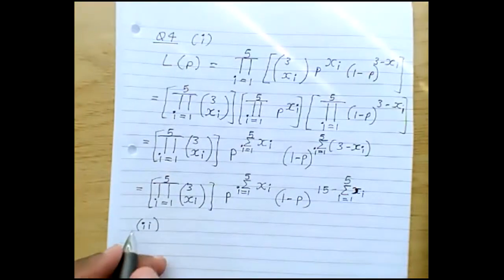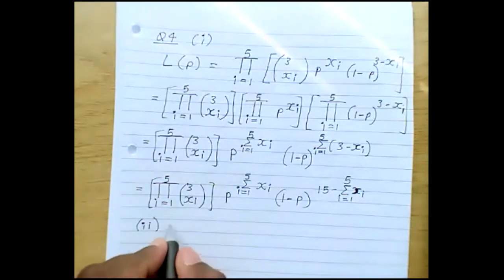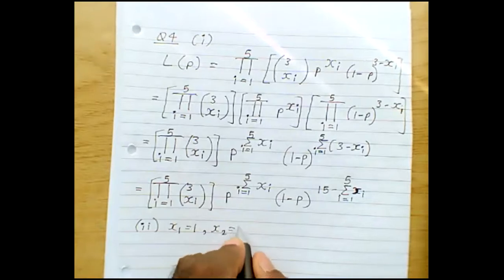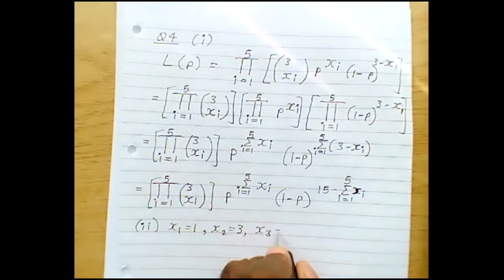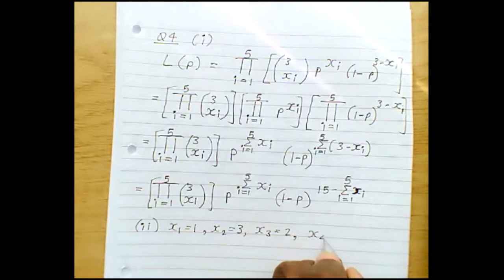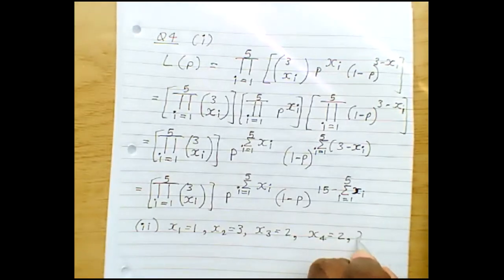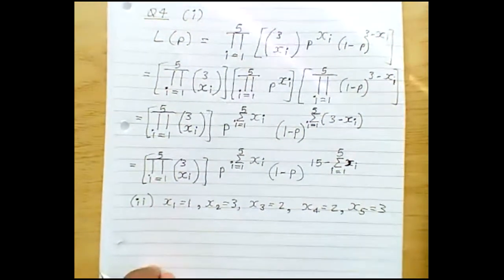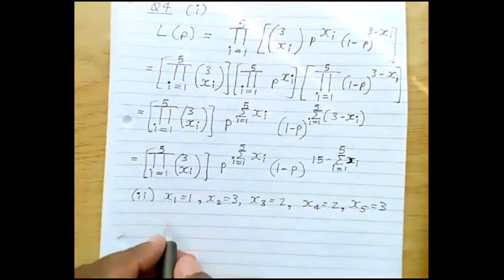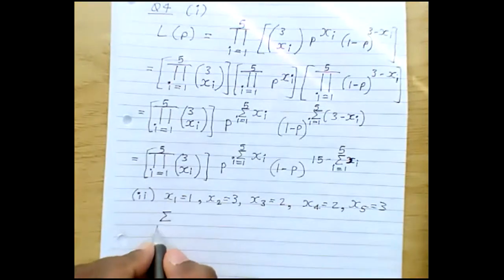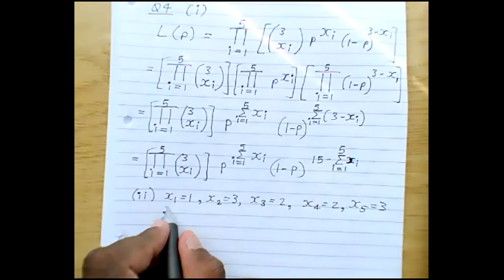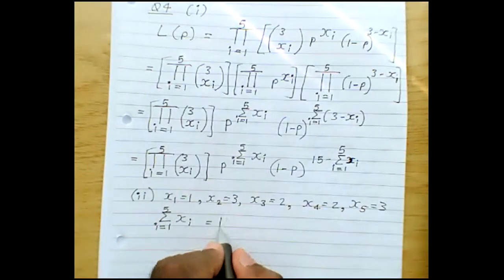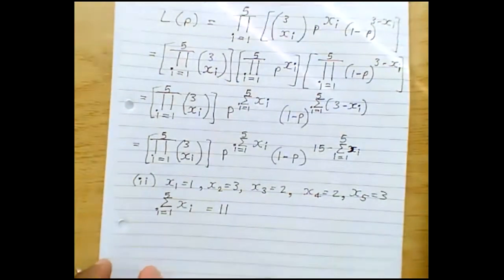In the second part, you are actually given the values for the x's. You are told that x1 is equal to 1, x2 is equal to 3, x3 is equal to 2, x4 is equal to 2, and x5 is equal to 3. So these are the data values that you are given. Now, if you sum all these numbers, that is the sum of xi from i from 1 to 5, you will get 11.